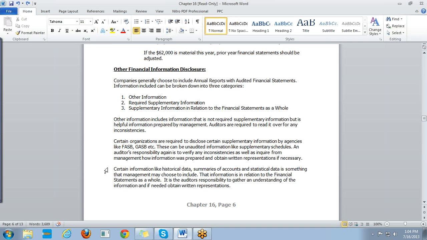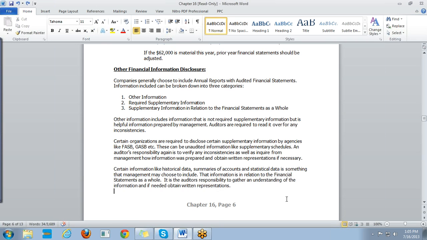Now, you need for this information, which is related to the financial statements as a whole, supportive information included by management to make their case in the annual report.